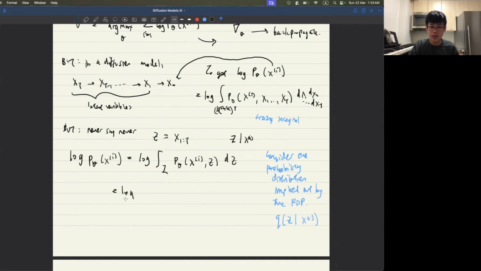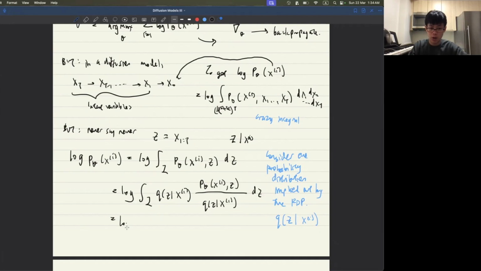So we can write the integral as an integral over the space of latent variables z. Let's just bring out q(z given x0), and I'll divide by the same thing. We'll see why we bring out this term later. And the top remains the same, which is the joint probability density. This integral now resembles an expectation over z under the forward diffusion process probability density, right?